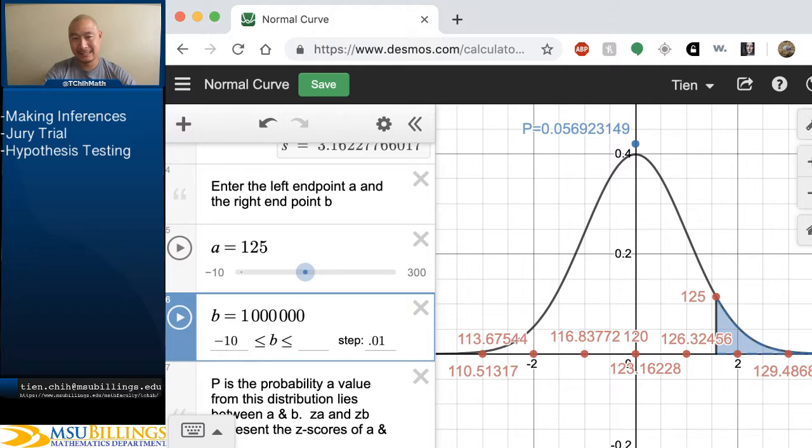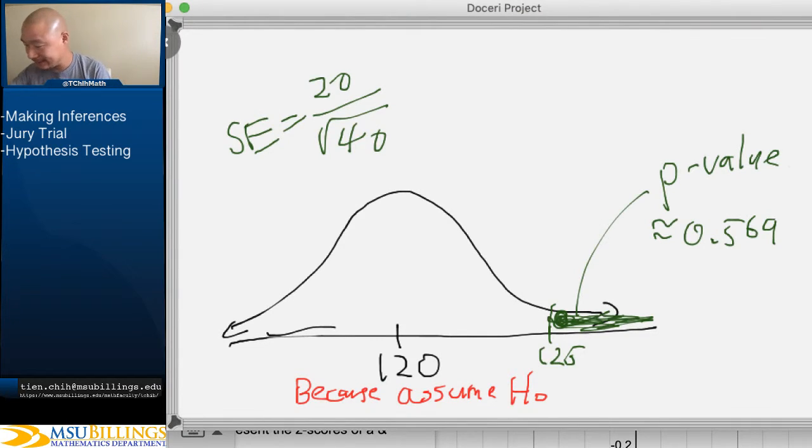And that's not so great, right? Our p-value here is about 0.569, right? Which is definitely greater than 0.05.